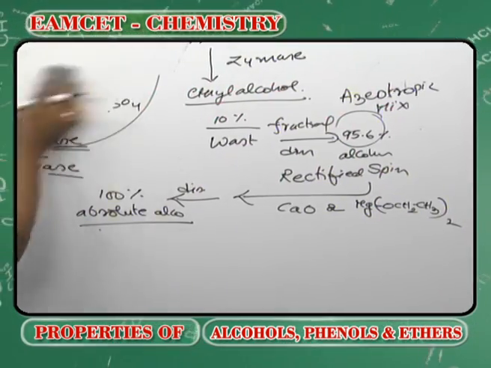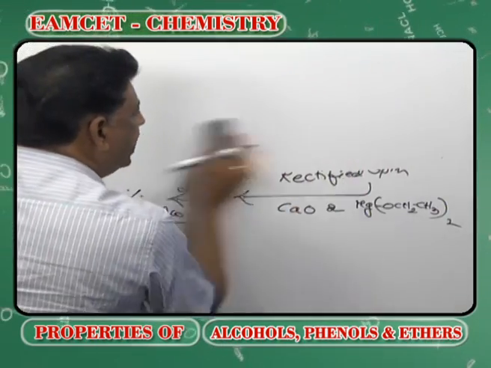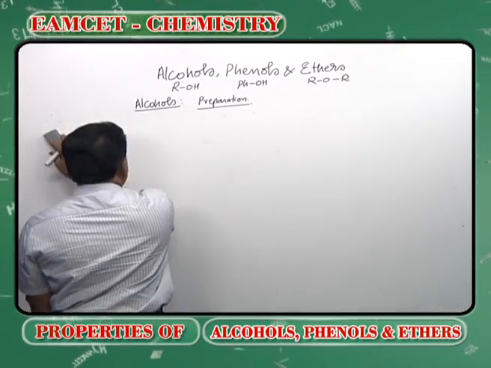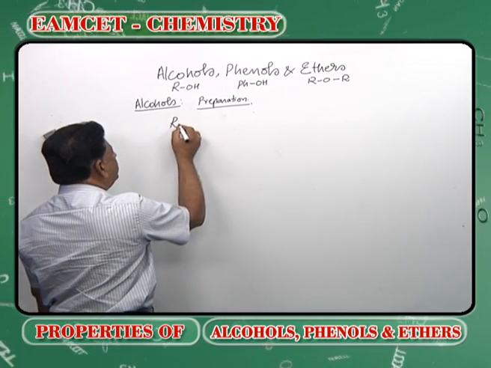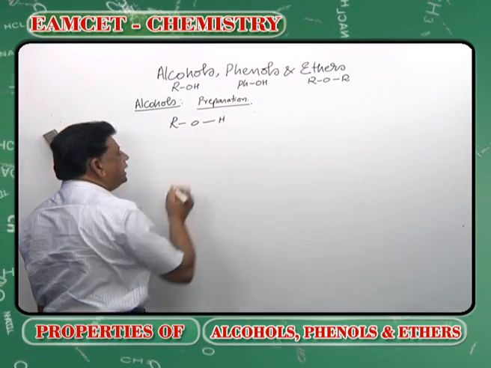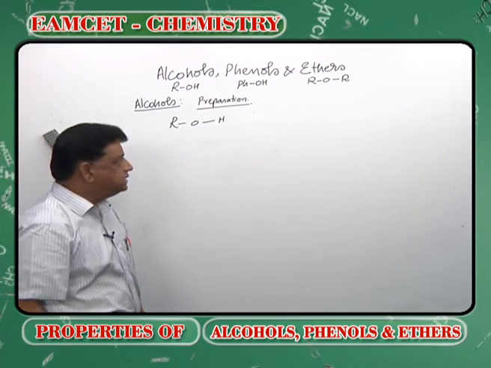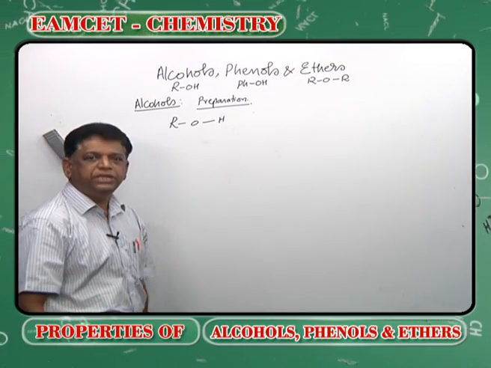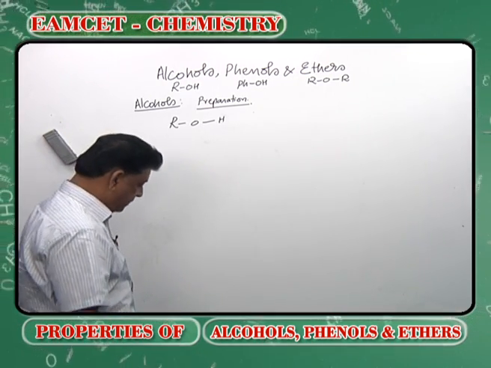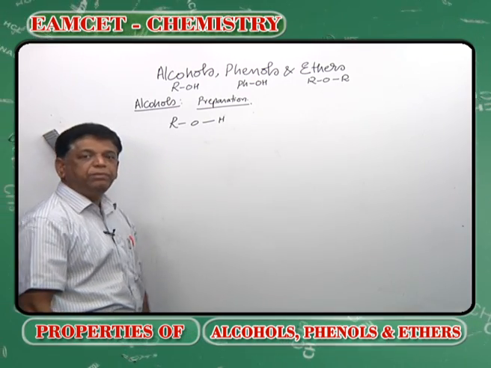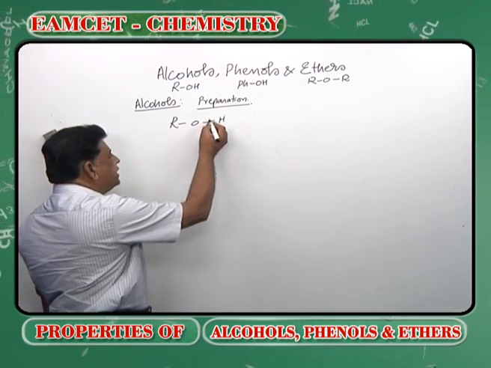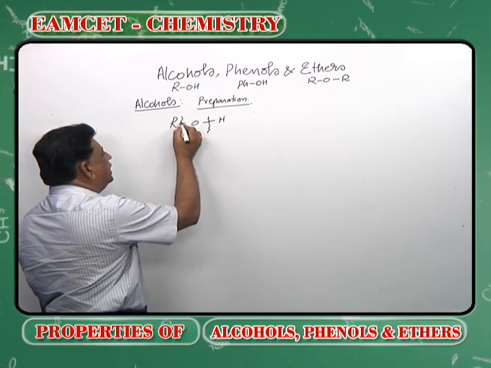Now let us go to some properties of the alcohols. Alcohol's properties have got some arithmetic understanding. When there is some arithmetic procedure, you can understand very easily and also remember for a longer time. We have basically two types of reactions.